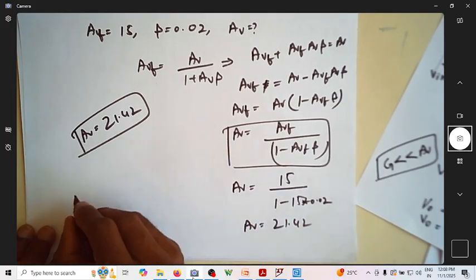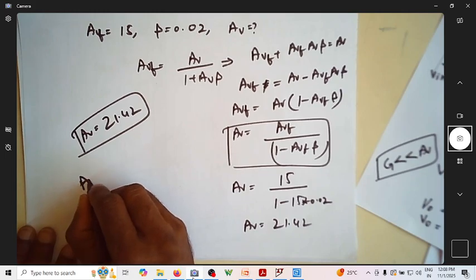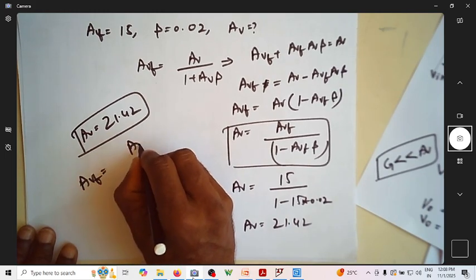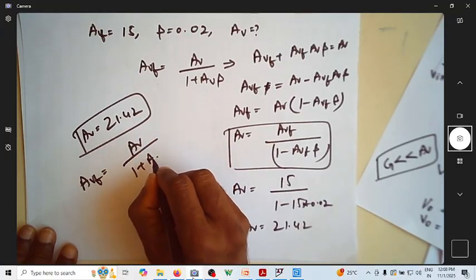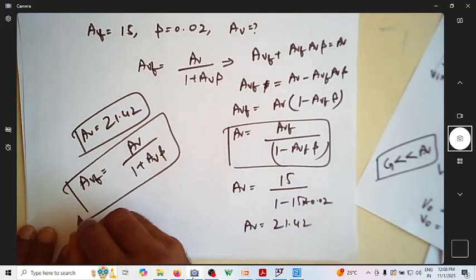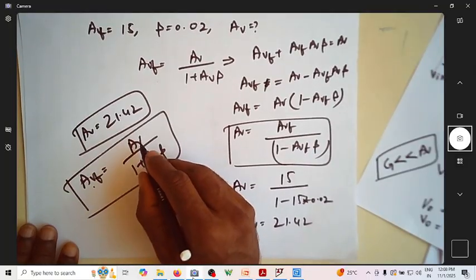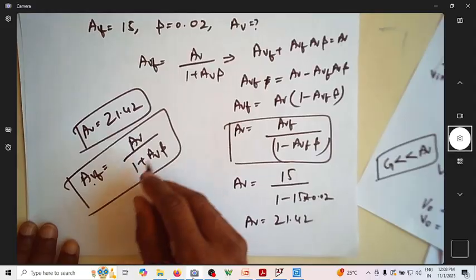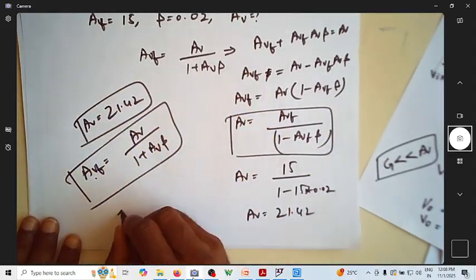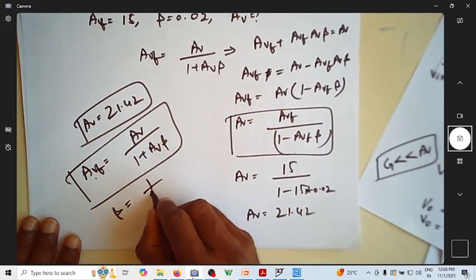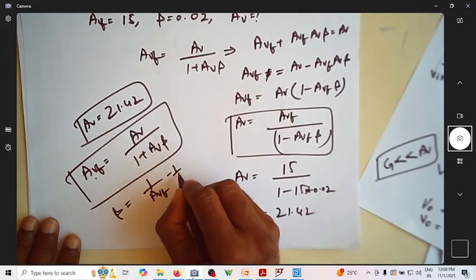So we have actually three expressions. AVF is equal to AV by 1 plus AV beta. This is what is more interesting. Overall gain is open loop gain divided by 1 plus AV beta. If you want to find beta for a given value of AVF and AV, this is the expression.